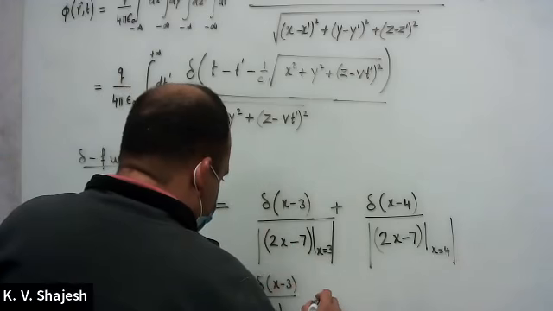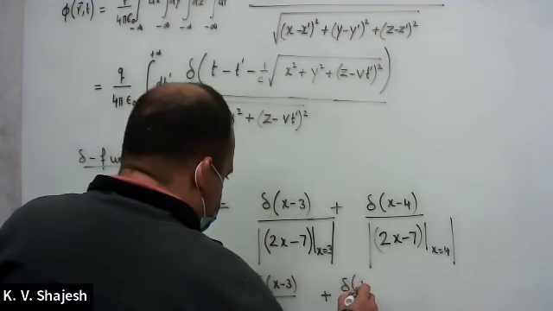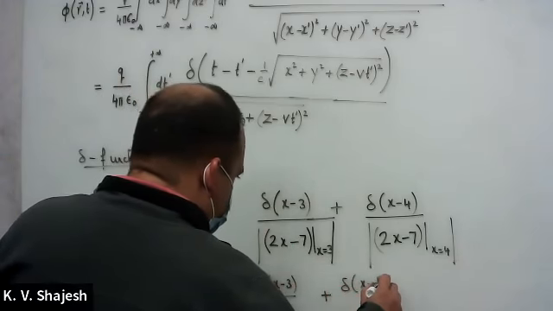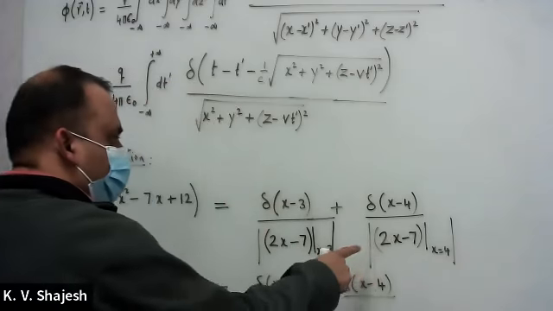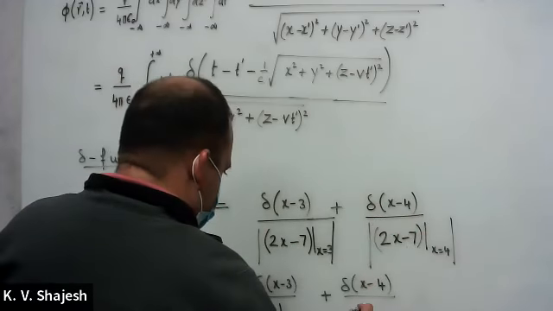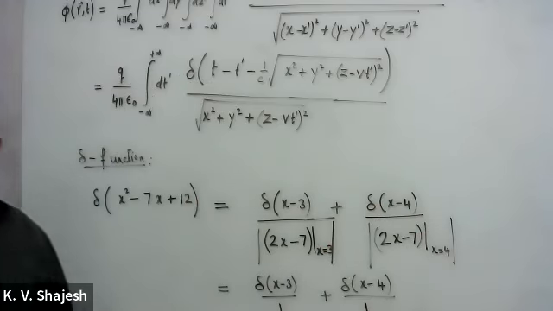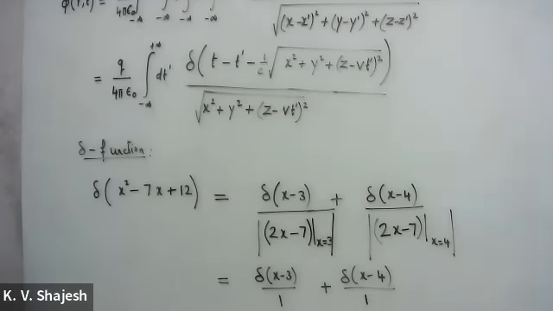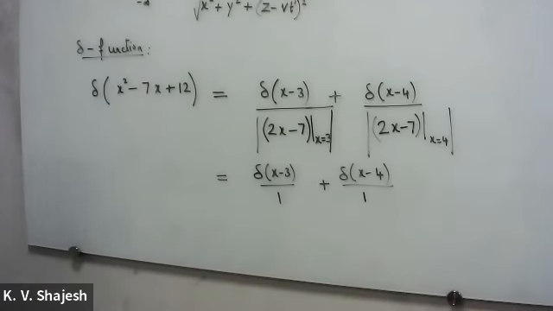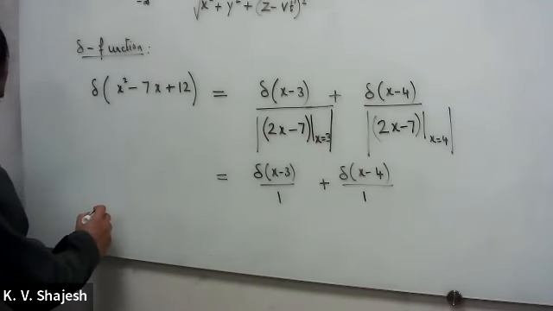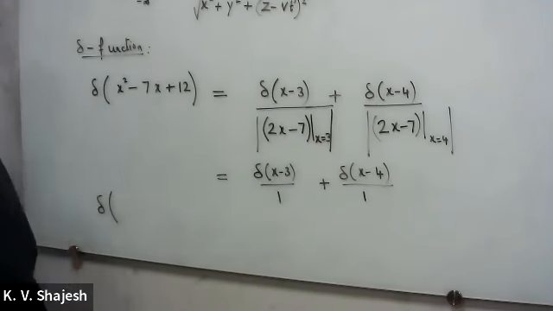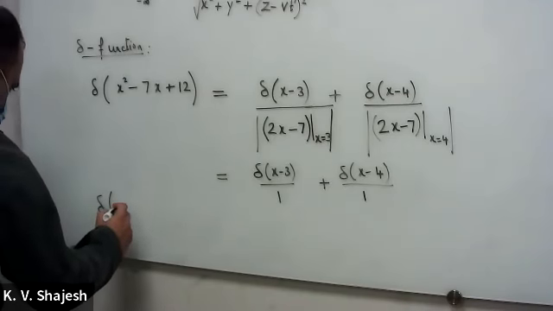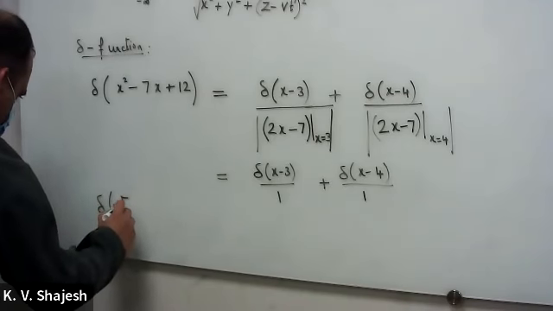And the second is delta of x minus 4 over 2 times 4 minus 7, which is 8 minus 7, again 1. And in general, you can have an identity for it like that. So in general, suppose you have a delta function of a function which is f of x.